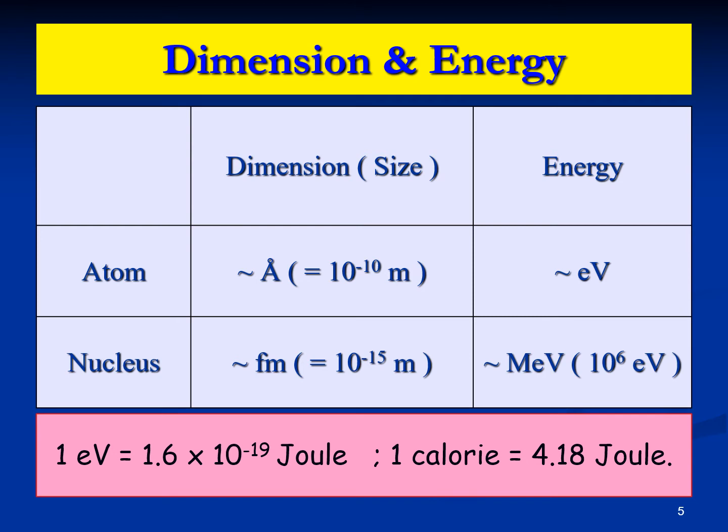As I have told earlier, atomic physics and nuclear physics have their specific range of size, that is dimension, and energy. Here energy is expressed not in joule but in electron volt. In atomic physics it is of the order of electron volt, in nuclear physics it is of the order of million electron volt, and in subnuclear physics, that is for particle physics, it is of the order of giga electron volt or GeV.